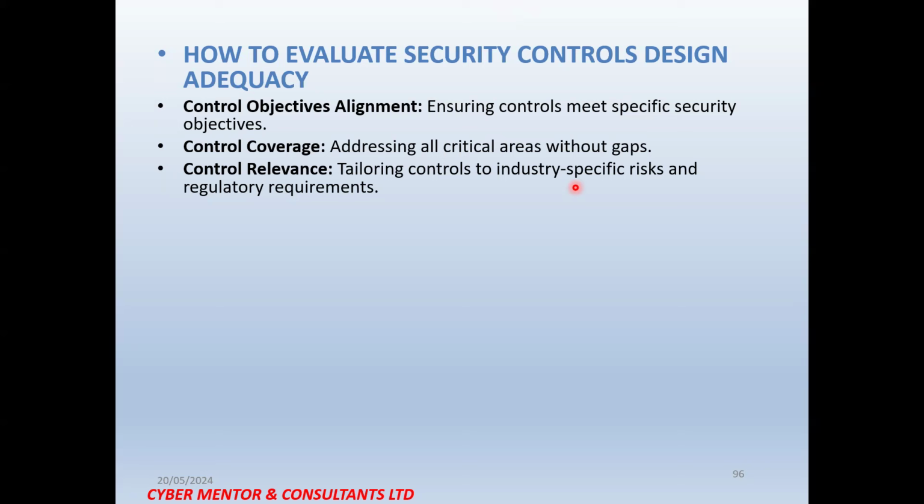Let me give you a typical example, and for every one of these points I'm going to give you specific examples. For example, you have password security in place. Your regulators might say the password must be 8 characters. Then you have a security standard like PCI DSS that says the password must be 12 characters.